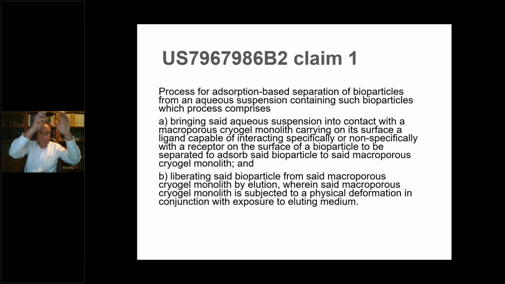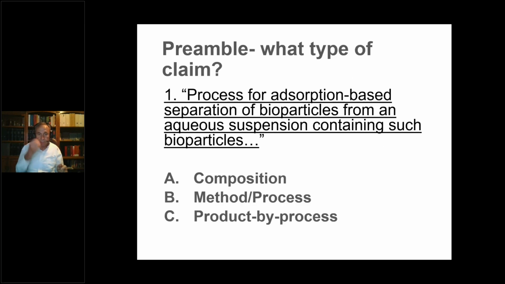And so you pass the mixture through and the bioparticles adsorb to the cryogel monolith. And then after you've passed the whole mess through, then you pass an eluting solution through, and somehow in that eluting process, you subject the cryogel monolith to deformation. It's a lot simpler than it sounds.